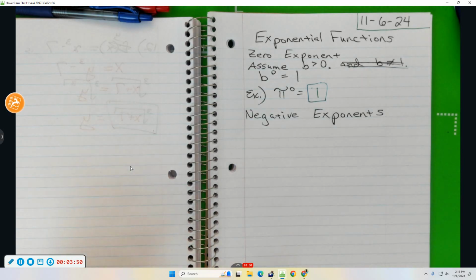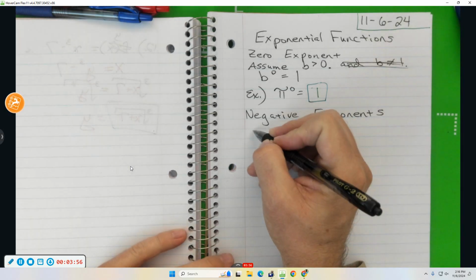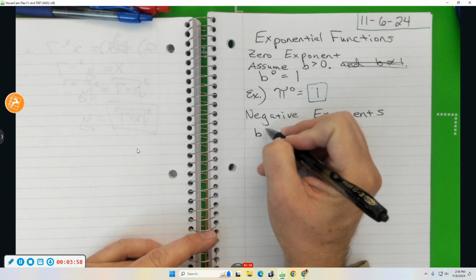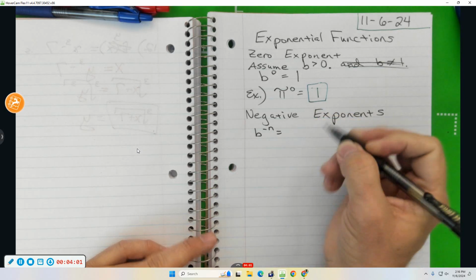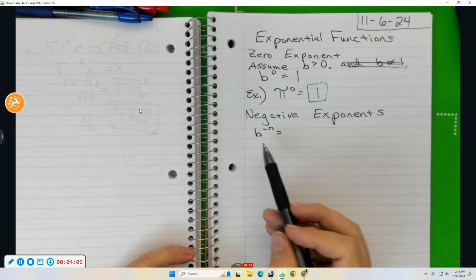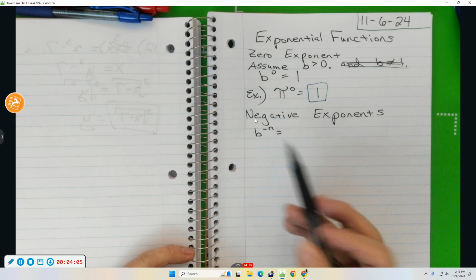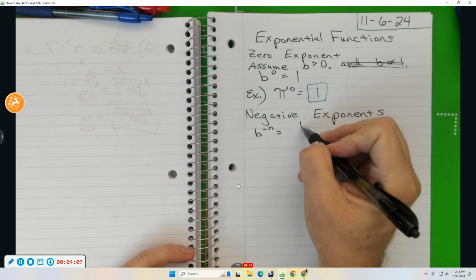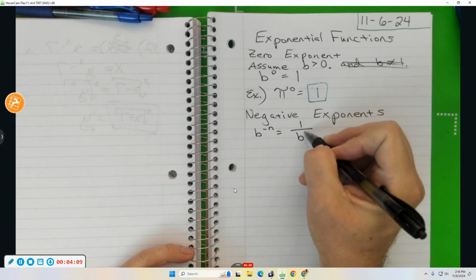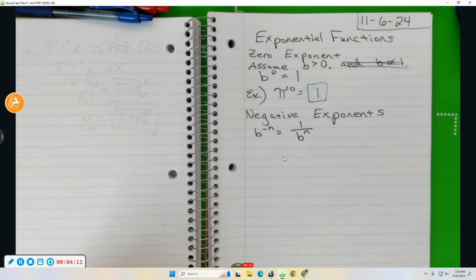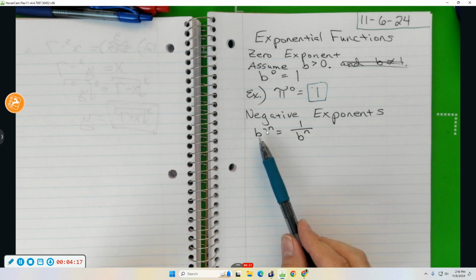I'm going to state this property involving negative exponents in 2 cases. First of all, b to the negative n is the same thing as 1 over b to the n. A base to a negative exponent is really just saying the reciprocal of the base to the positive exponent. And suppose the base were a fraction.